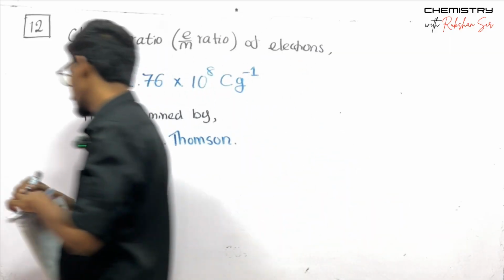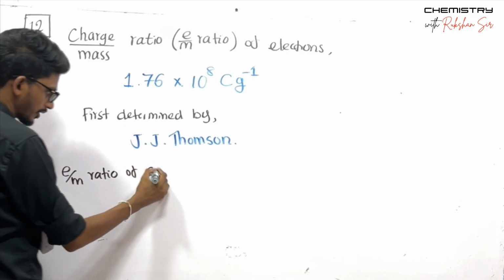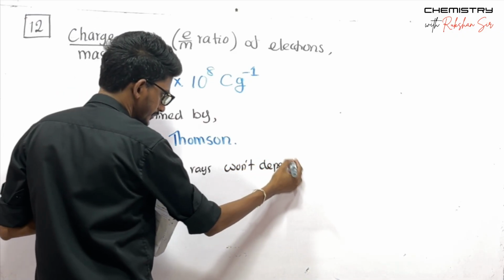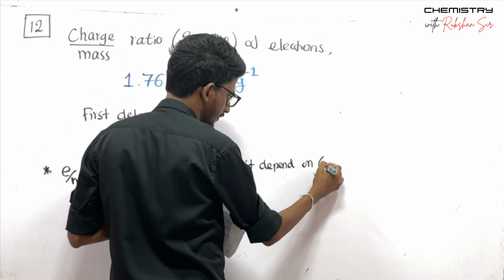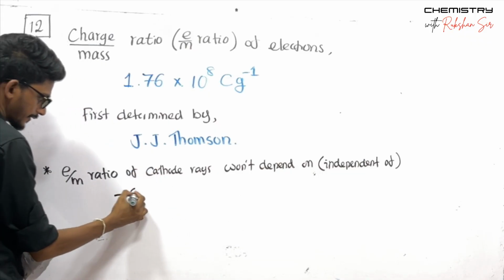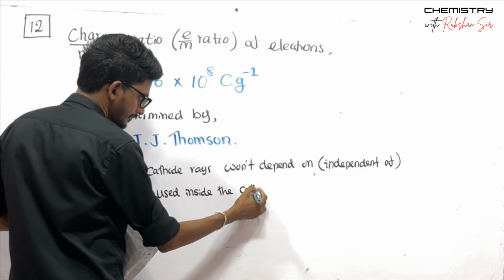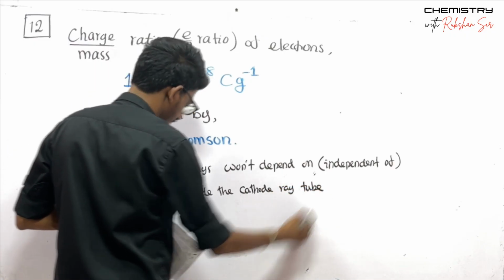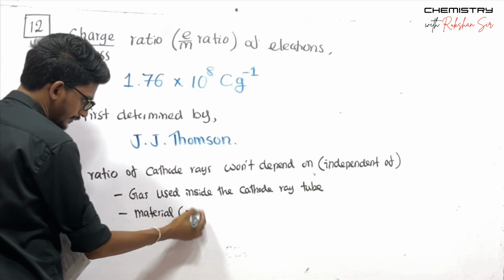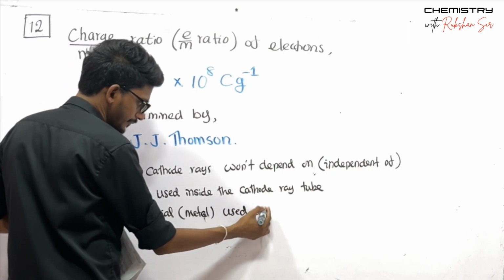This E/M ratio of cathode rays is independent of the gas used inside the cathode ray tube, and is independent of the material or metal used as the cathode.